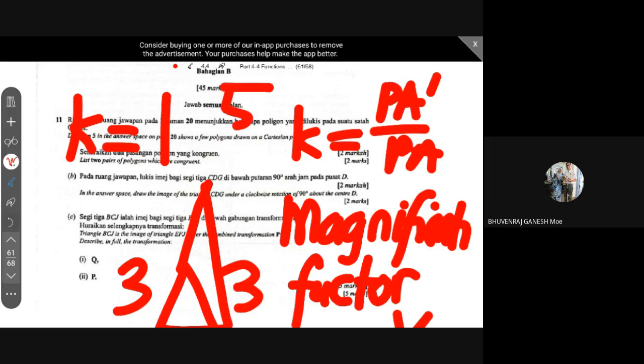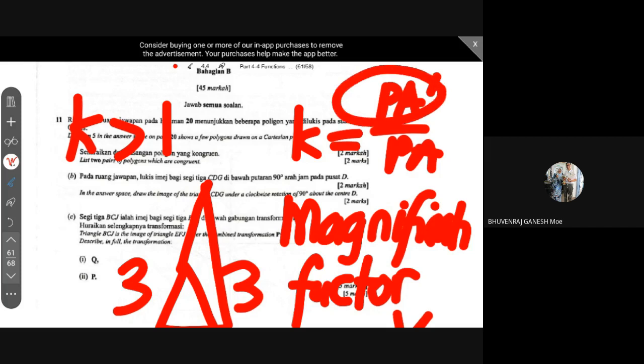Okay, so what if k is greater than 1? Is the image or object longer? Object? You sure? Image, correct. Because image is on top. To get greater than 1, your top value must be bigger than your bottom value.